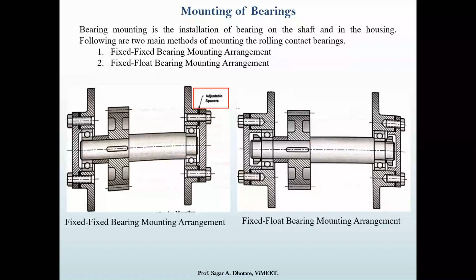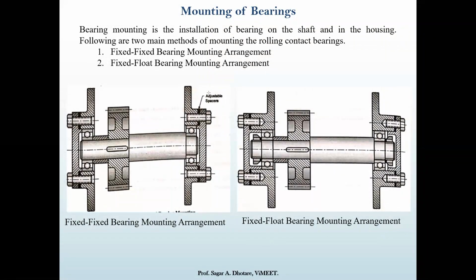spacings. In this, both ends are fixed, so it should not move anywhere. Because both ends are fixed, the left side bearing takes the thrust in the direction towards the left and the right side bearing takes the thrust towards the right. So it directly equalizes the thrust load also.